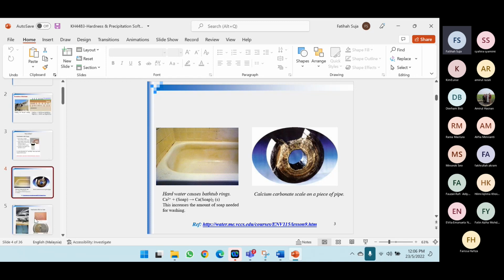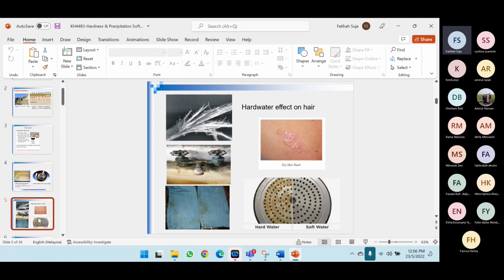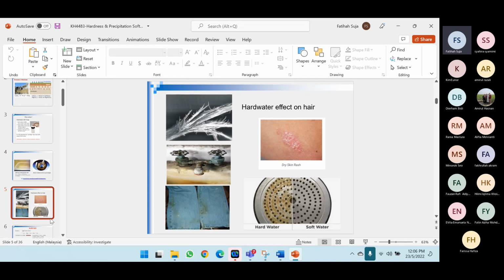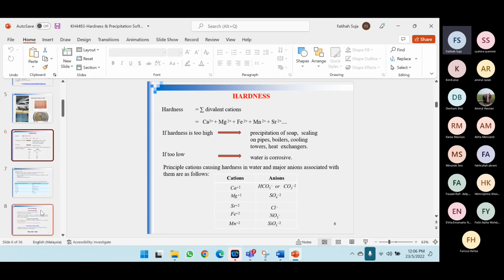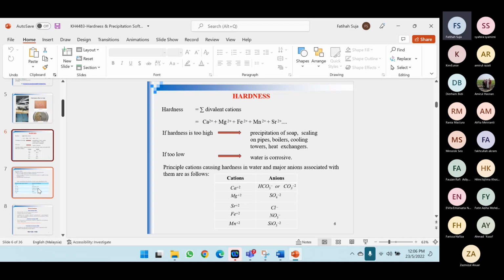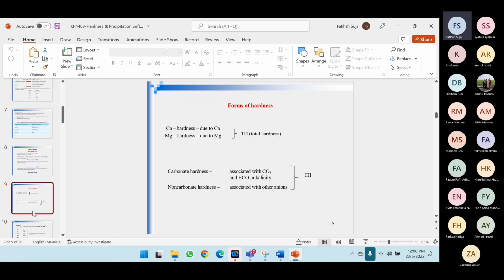So we have several types of removal system, and we have looked at precipitation of hardness. Last week, I also have given you quiz on converting unit for hardness. So I hope that you all can do it.